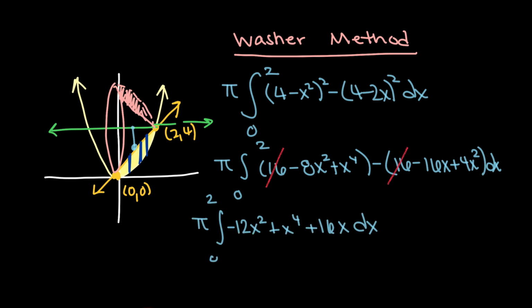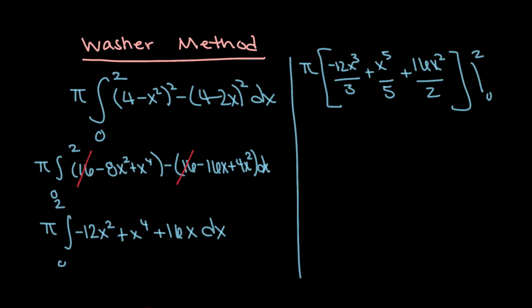I'm going to subtract those two quantities. The 16s cancel out. And then we have 8x squared minus a 4x squared. That gives me negative 12x squared, plus x to the 4th, and then minus the minus 16x gives me plus 16x. Finally, this is something we can integrate.